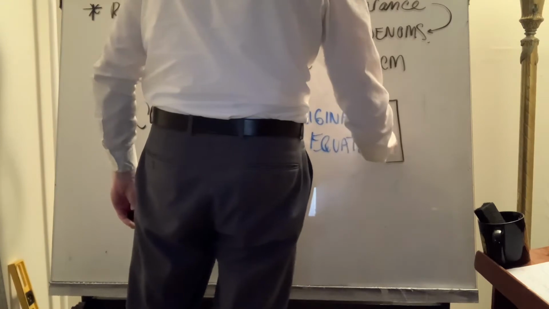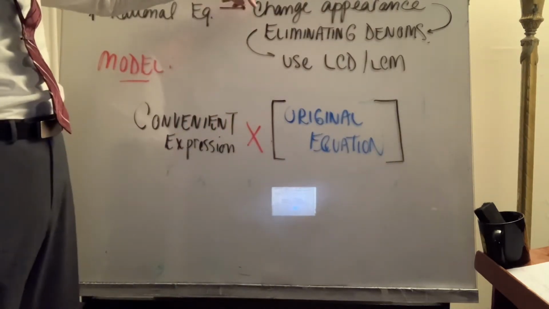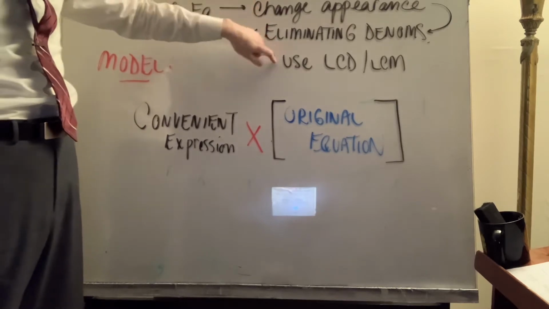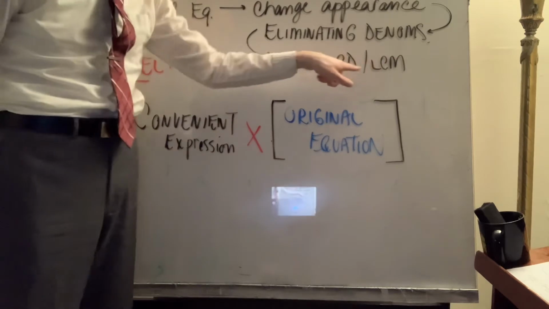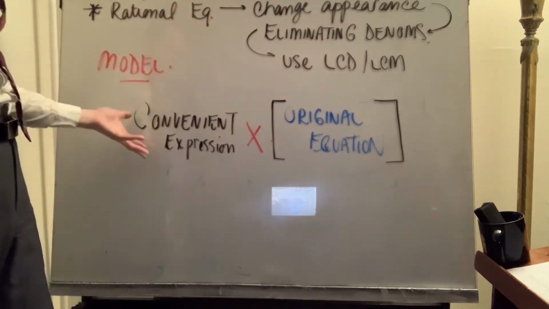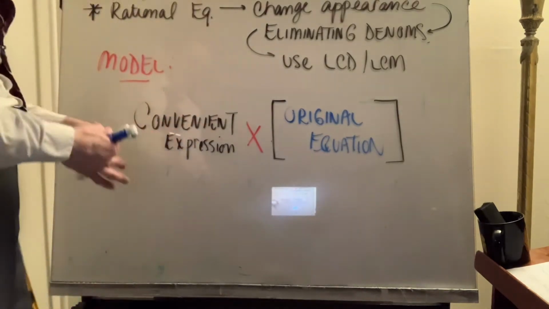That in a verbose way is what we would be doing here. We're going to change the appearance, essentially eliminating denominators by use of the LCD, unique to the problem, the least common multiple of the denominators. That's what the convenient expression in this particular case is going to be.